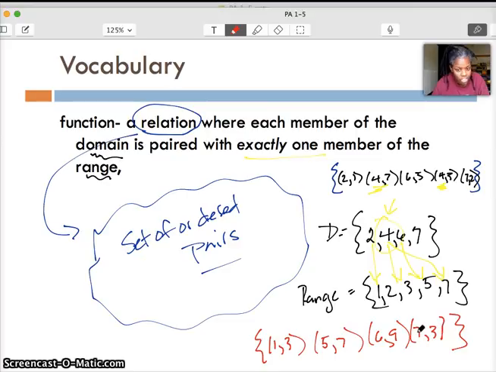This is a function. Even though 3 appears twice, notice that the members of the domain, 1, 5, 6, and 7, are only going to one member of the range. You don't have one going to two different y values. I know that was really long-winded, but this is a concept that a lot of people get confused, so I was really trying to make it clear. Let me know if you have any questions.